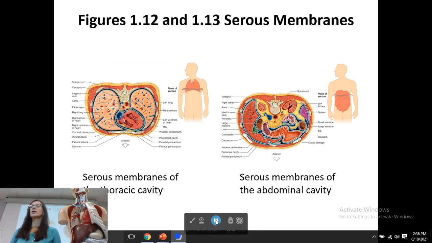So the pericardial cavity is surrounded by the pericardium, right? So the trash bag represents the pericardium. My fist represents the heart. The part of the trash bag that's touching my fist would be what?